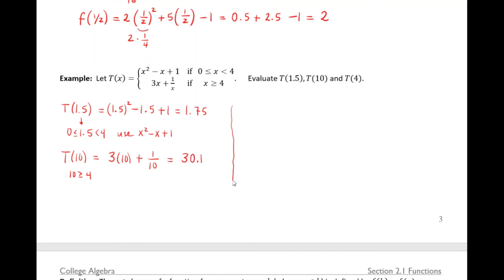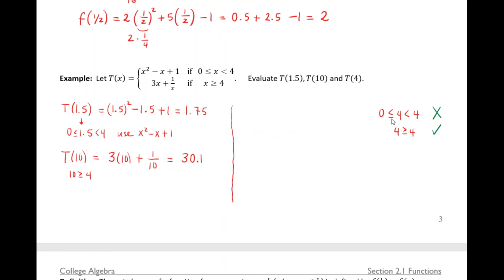And then the last one is when you plug in 4. Now, guys, is 4 less than 4, or is 4 greater than or equal to 4? One of them should be correct. And if you see, the first one is wrong because 4 is not less than 4. But the second one is correct because that includes the equality. 4 is greater than or equal to 4.